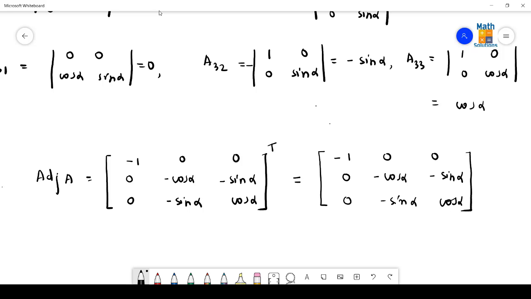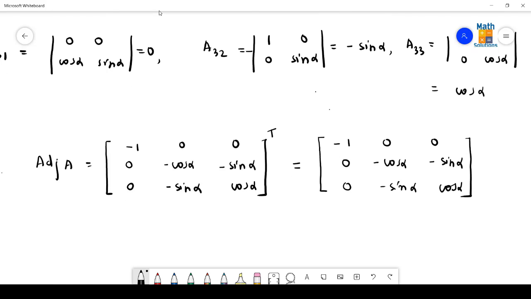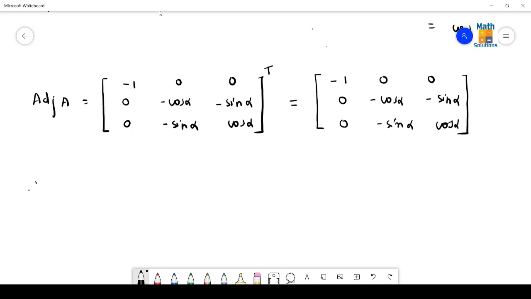So this is the result for adjoint of A. Therefore A inverse is equal to 1 by determinant of A into adjoint of A. The determinant value, as we have calculated already, is minus 1.